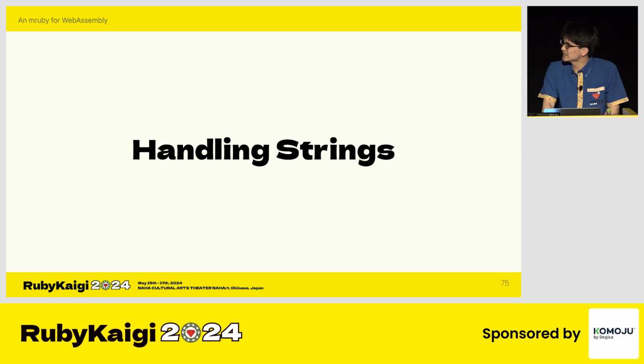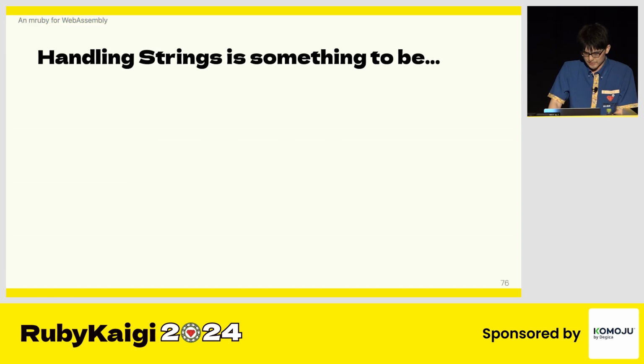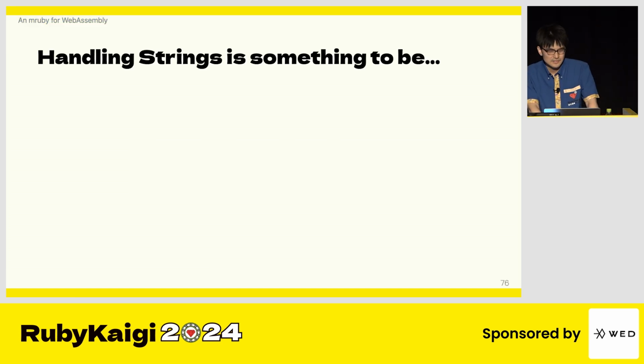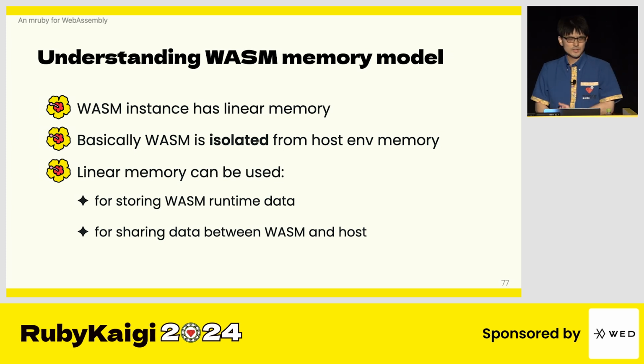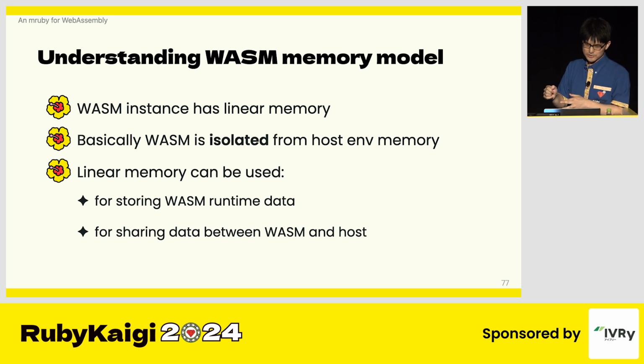Also, I want to talk about some hacks for handling strings. Before that, we must understand the basic memory model. The instance has linear memory, and the WASM is basically isolated from the host environment memory. So when we want to share data between the host environment and the WASM instance, we should use this linear memory to share data.